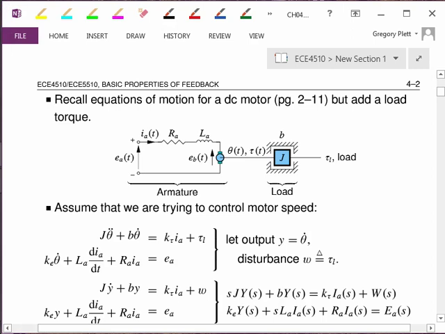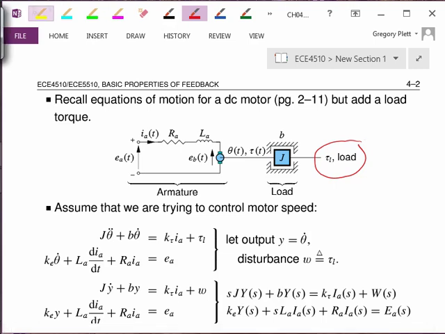The difference between this and what we did then is we have now added a load torque to the system, but to refresh your memory, to the DC motor, our input is an applied voltage. That voltage induces a current through the armature of the motor, and there's dynamics introduced in that because of the resistance of the armature coil and the inductance of the armature coil, and then the back EMF caused by this armature coil spinning.